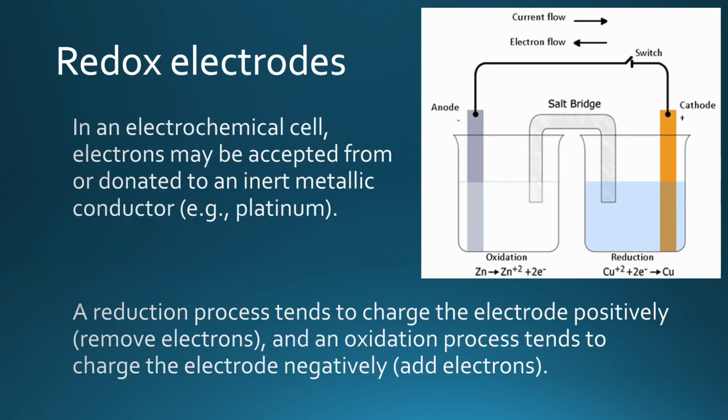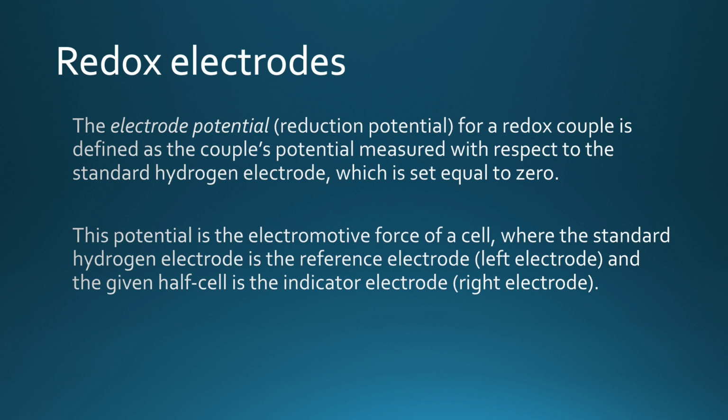So for a redox electrode in an electrochemical cell, the electron may be accepted from or donated to an inert metallic conductor, usually platinum. A reduction process tends to charge the electrode positively by removing the electron, and an oxidation process tends to charge the electrode negatively when they add the electron. So you will have one positive and one negative electrode.